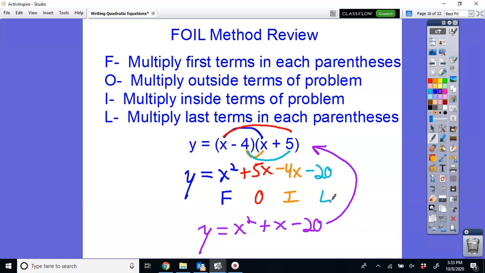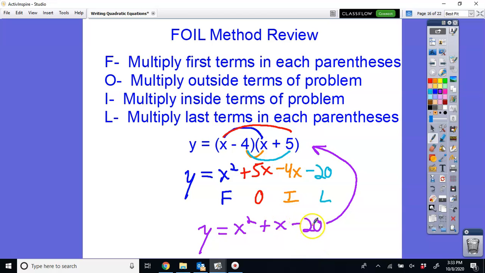We'll deal with that a little bit later, but I do want to point out that the x squared comes from the x times the x, the first one times the first one. The negative 20 comes from the negative 4 times the 5. That's all 4 spots. But the 1x in the middle comes from the 5x on the outside and the negative 4x on the inside to give me 1x.